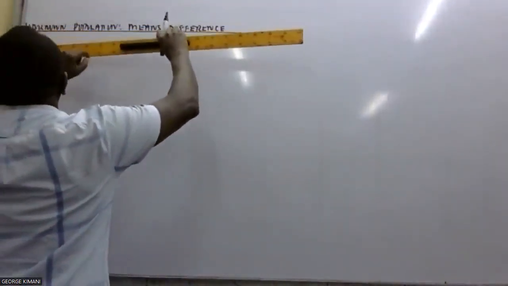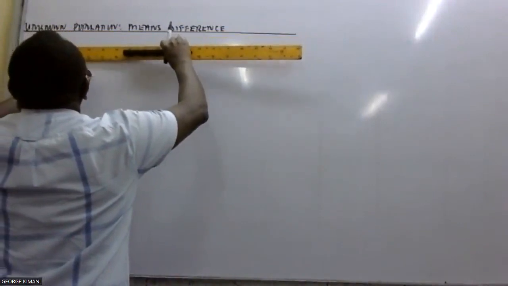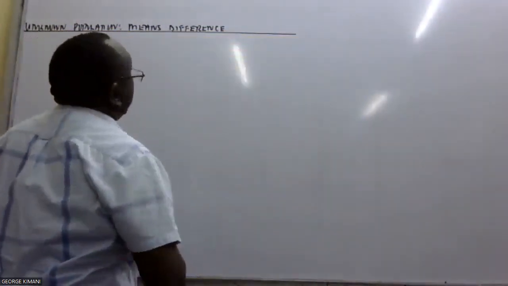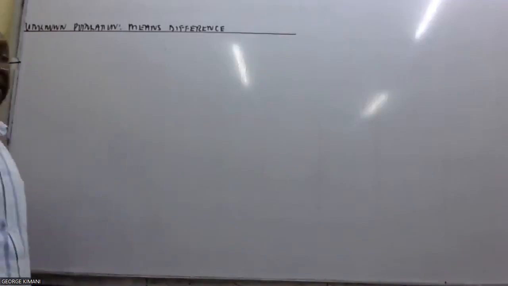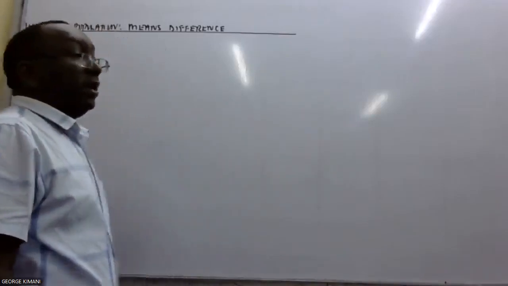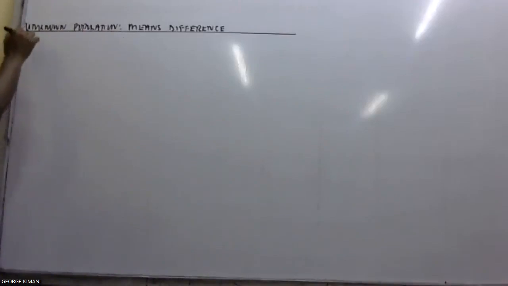So we shall require to have a table. Because we know what will be contained, one, we know we will need to get the mean.